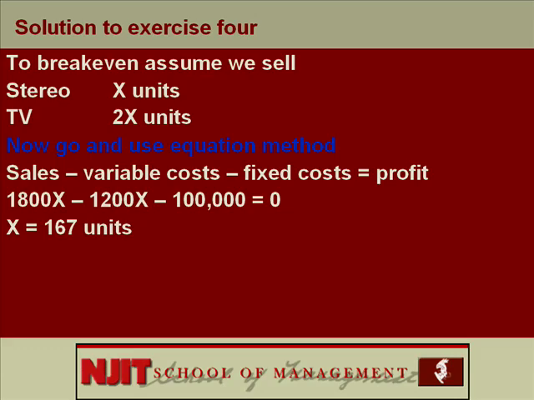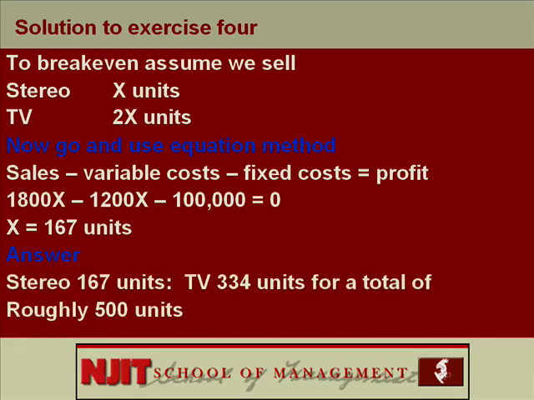The question is, one more time, how did I get the sales and variable cost? The answer to break even is stereo is 167 units.